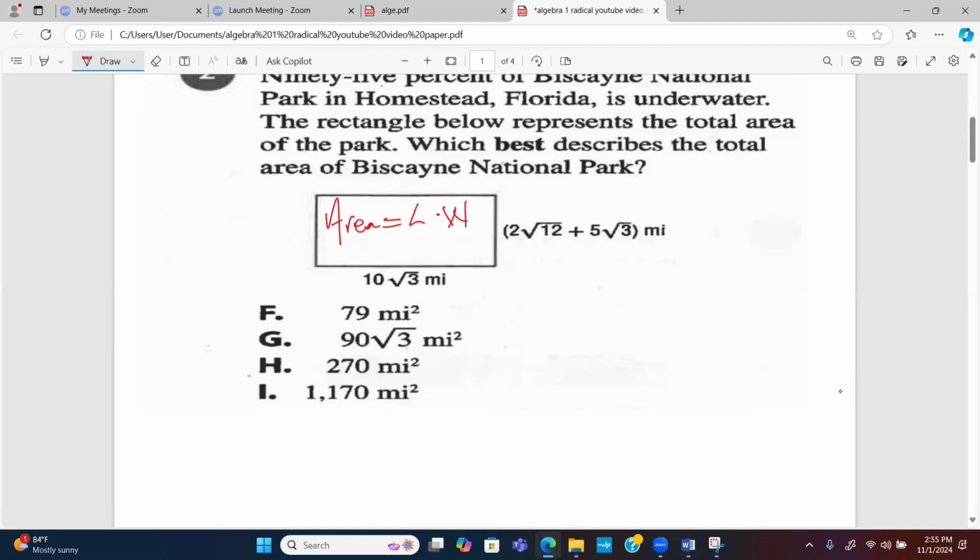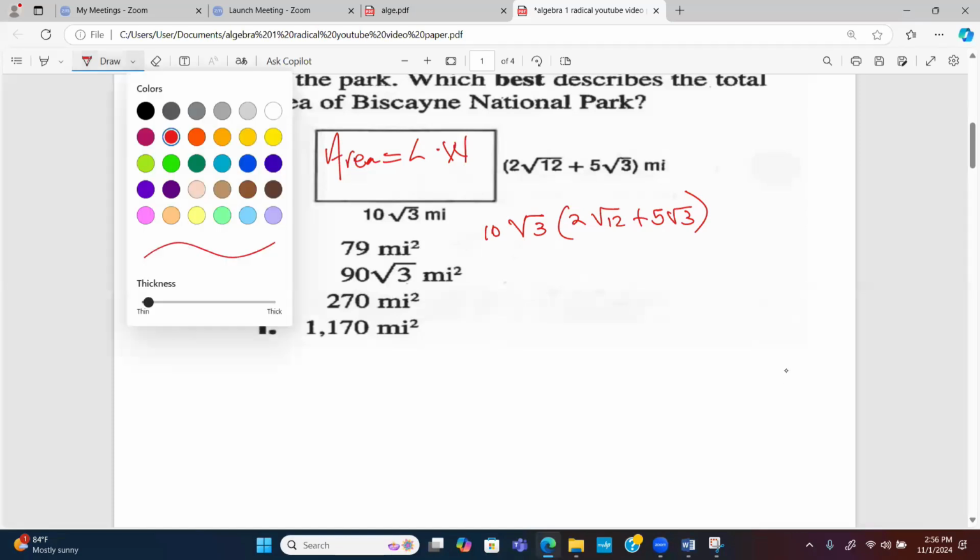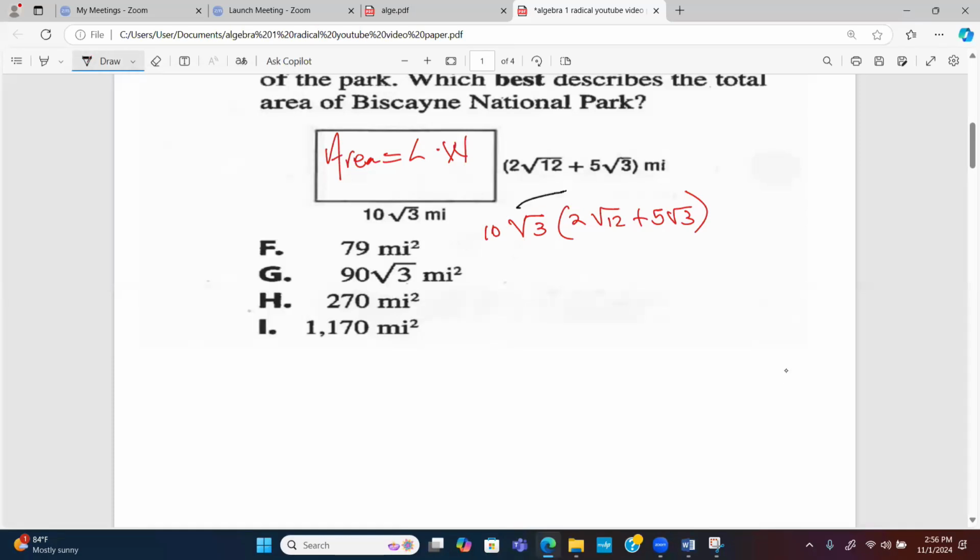So we're going to multiply the length times the width. So I'm going to have 10 root 3, and I'm going to multiply that by 2 root 12 plus 5 root 3. Now, again, we're going to distribute this 10 root 3 inside the parentheses.